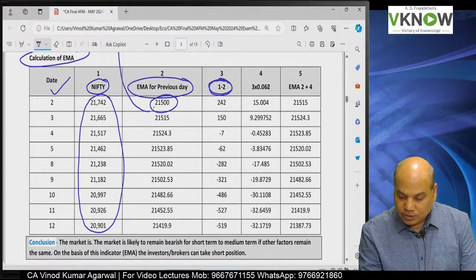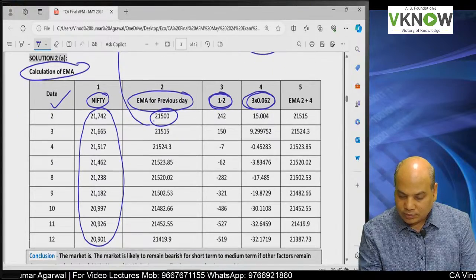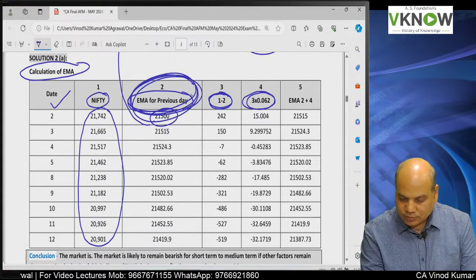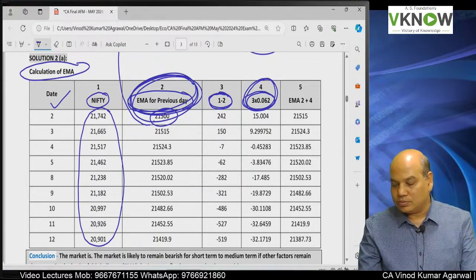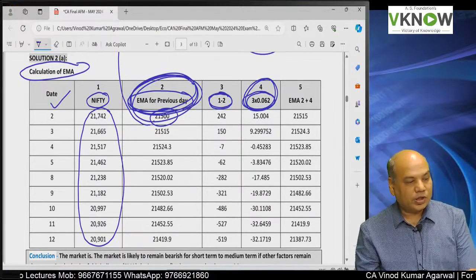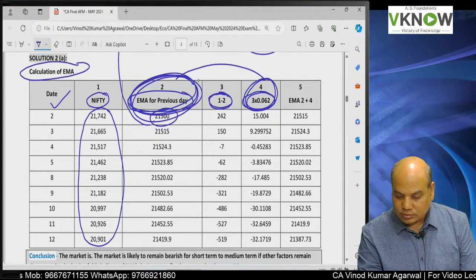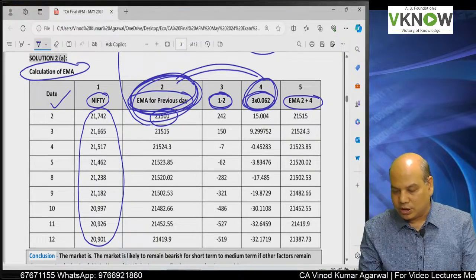That difference will be multiplied by the factor 0.062, and to the previous day EMA column you add this adjustment for the exponential moving average factor. These two you will add and you will get the EMA for the day.